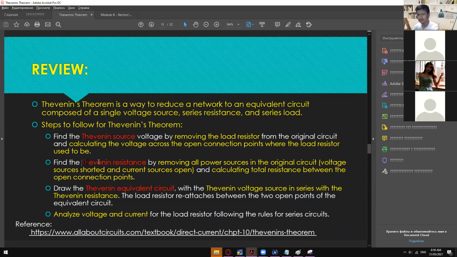Either of those two you can find first, as long as you get both. Then you can transform the original circuit into the Thevenin equivalent circuit, and then analyze the voltage and current for the load resistor following the rules for series circuits. The reference for my slide 1 up to slide 13 is All About Circuits.